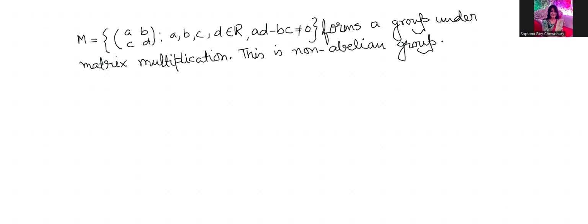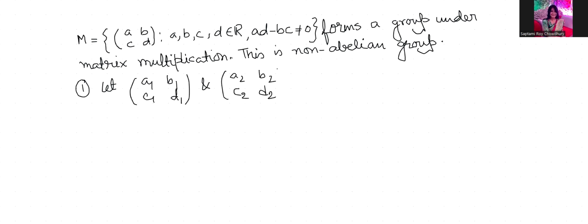First property, we have to check that this is closed. Let a1, b1, c1, d1 and a2, b2, c2, d2 belong to M. Now we will take the matrix multiplication.